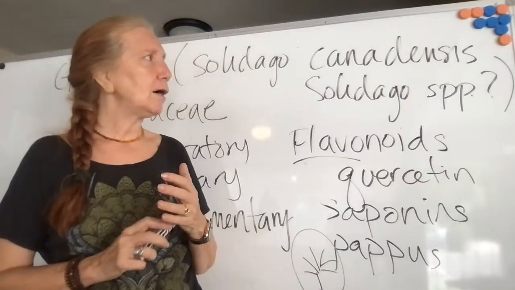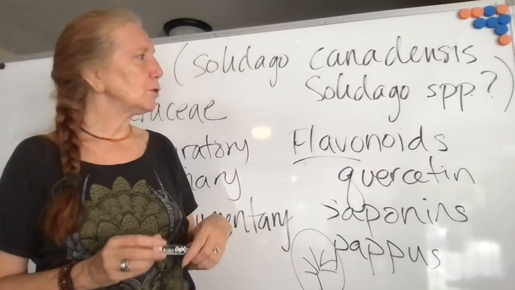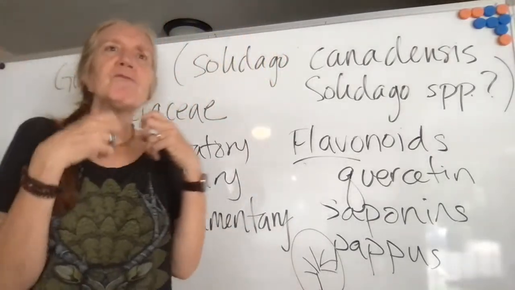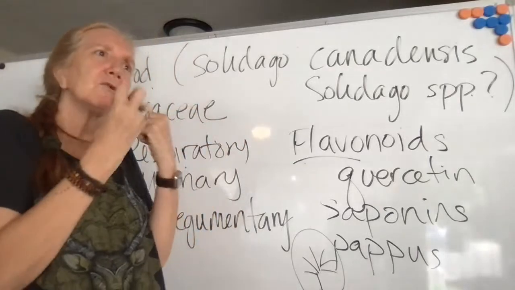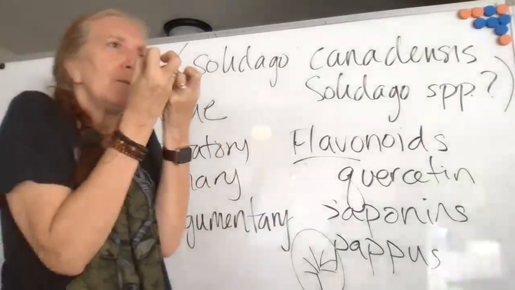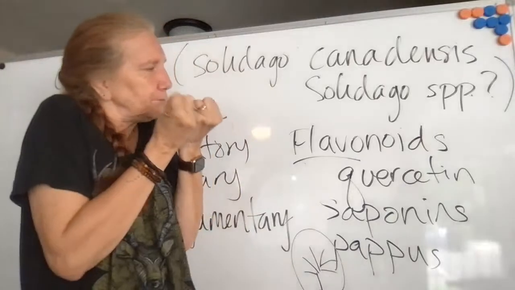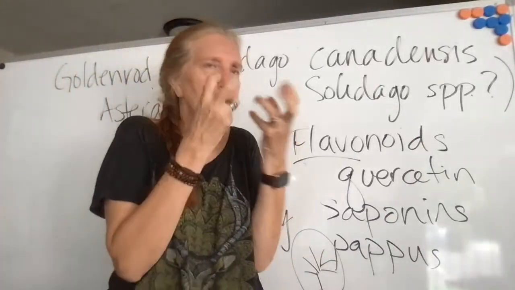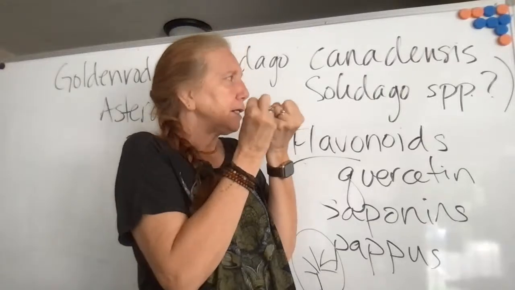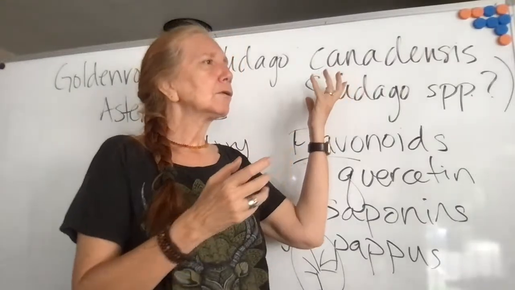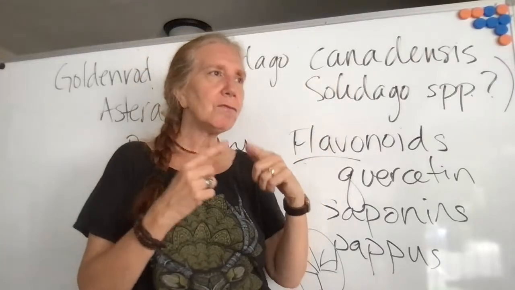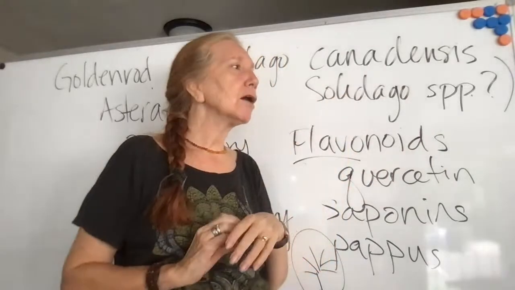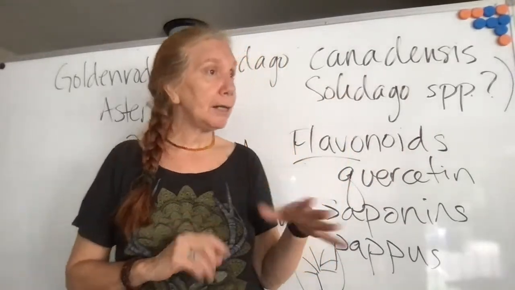If you have someone who has no fluids in their body, really dried out, really tight, what in Ayurveda is called vata, the dry, tight, cold bodies, goldenrod by itself is going to be pushing that pattern, and so it may not feel so good to that body by itself.